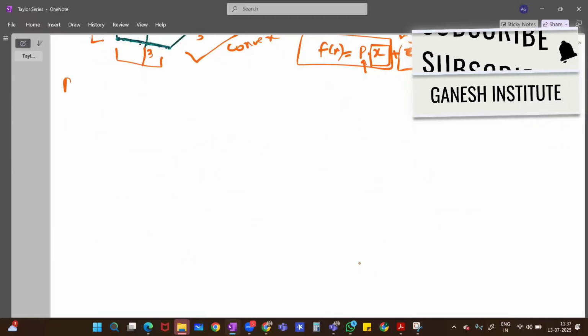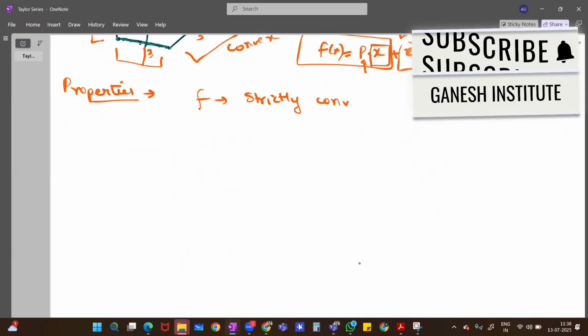So here are some properties which I have told you so far. Firstly, tell me, if f is strictly convex, what will be minus of f?